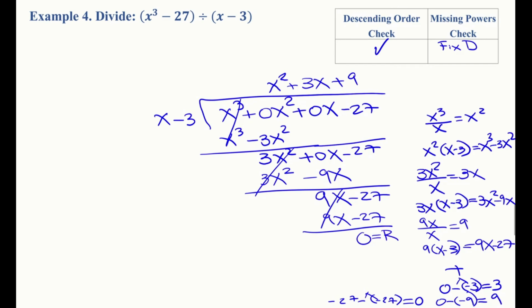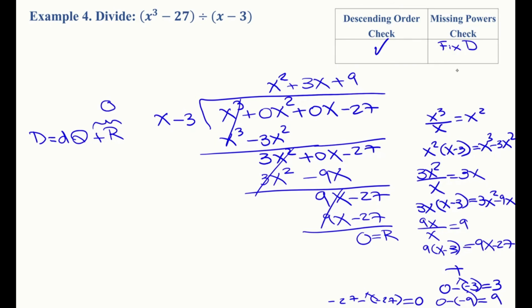So what does that mean? That means x minus 3 goes into x cubed minus 27 exactly that many times, right? So when we want to do the verification and we do D equals dq plus r, all we're going to check is the dq part, because remember, r is 0.